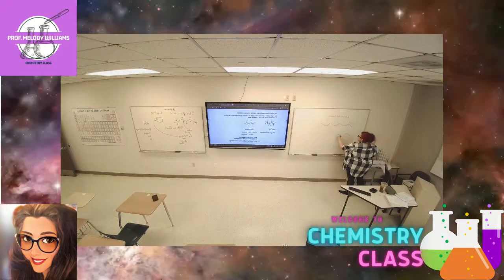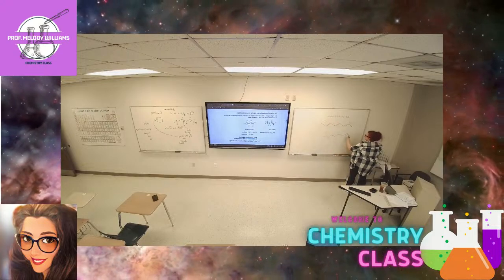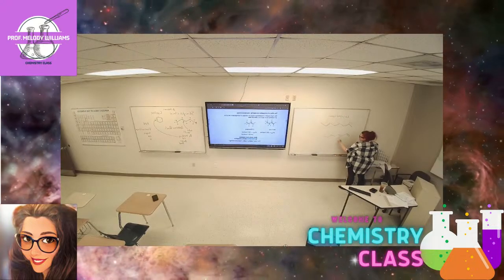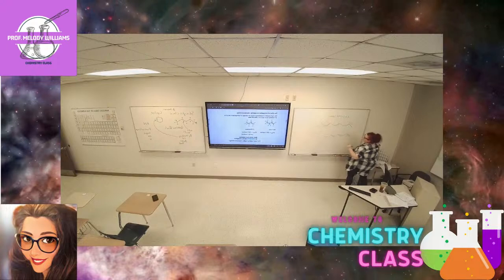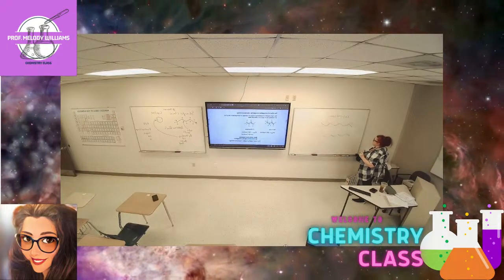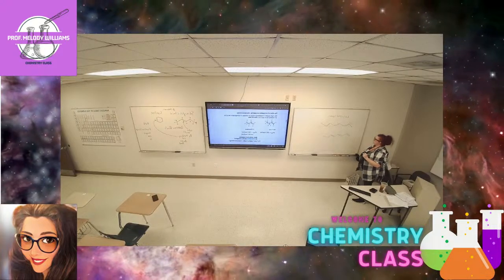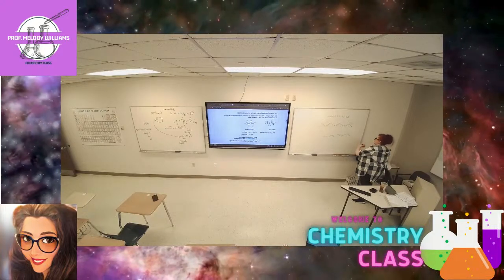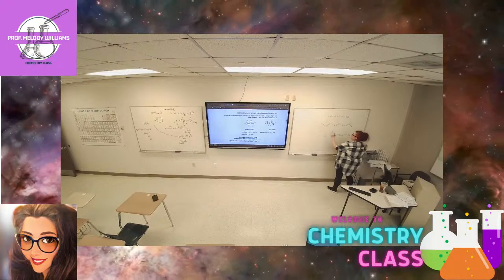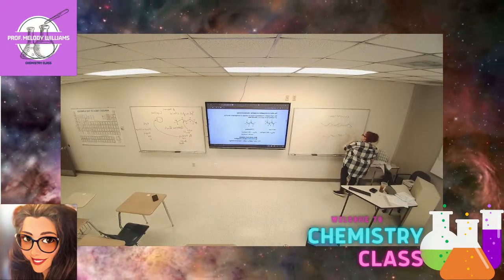This is where we get those resonance structures, and it's still correct. What did I do with those double bonds? I slid them over. This one moved to here, this one moved to here, and this one moved to here.